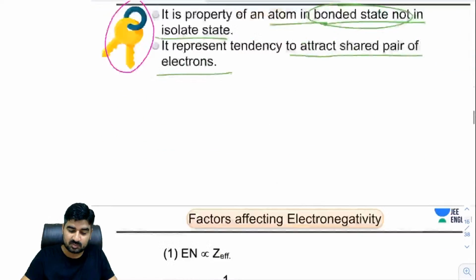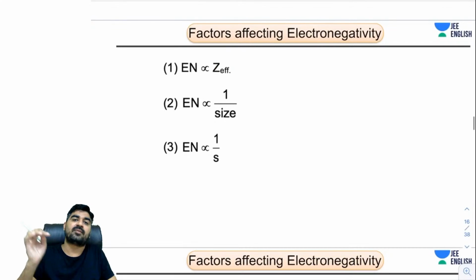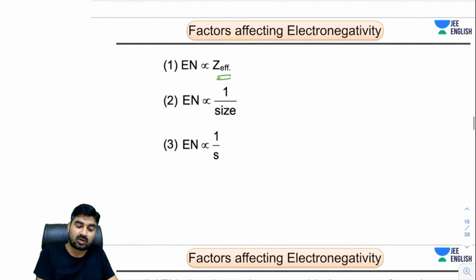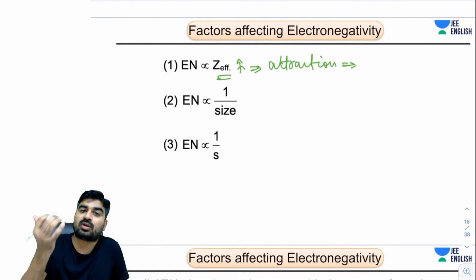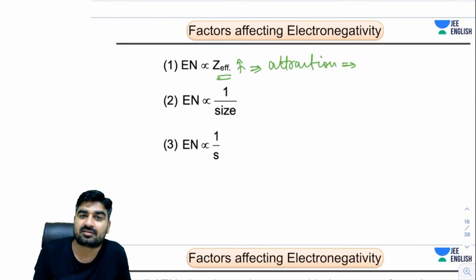Okay, let's move ahead. So what are the factors on which electronegativity depends? So first one is Z effective. So if Z effective increases, what will happen? Attraction will increase. And if attraction increases, more electrons will be attracted.